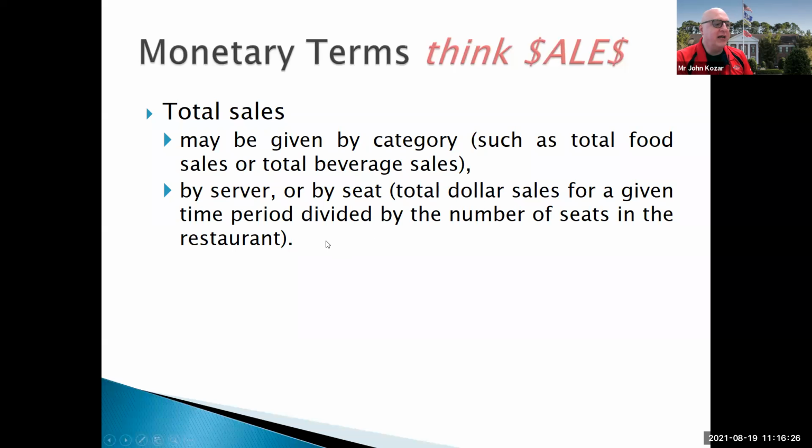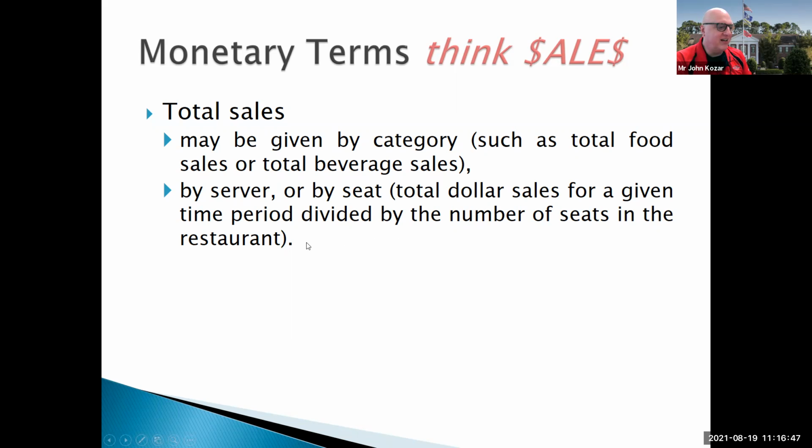You can also look at your servers and say, okay, this server had $250 in sales last night, and this server had $500 in sales last night. There could be a lot of reasons why there's a difference.